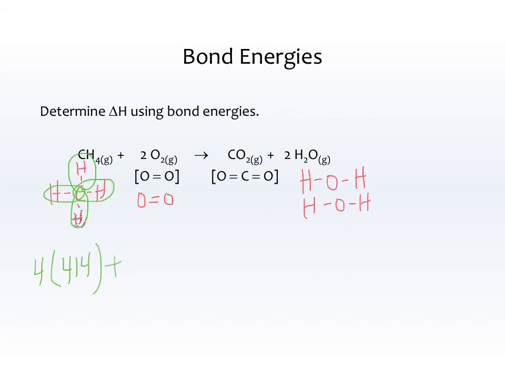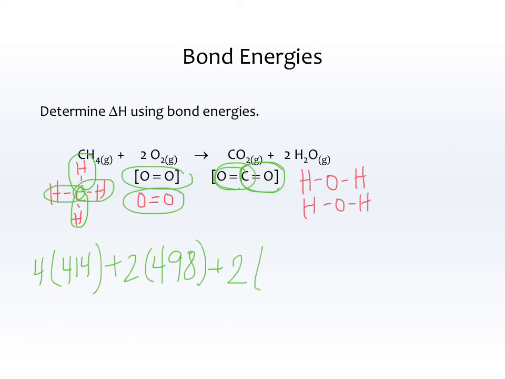For O2, there's 2 moles of O double bond O that need to be broken. Notice that there's only one O double bond on the left as you follow it over to find O, and that's going to be 498. Then we've got CO2, that's a C double bond O and another C double bond O, 2 C double bond O's.